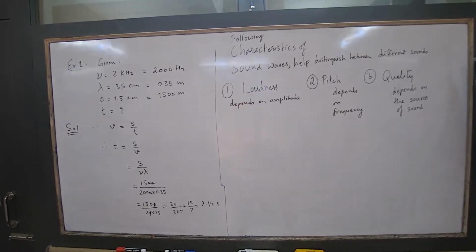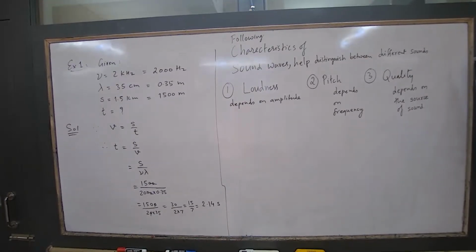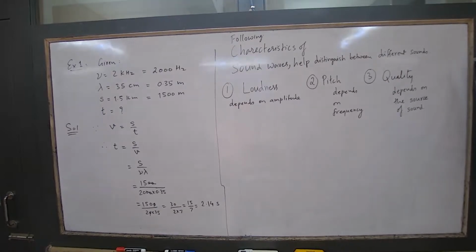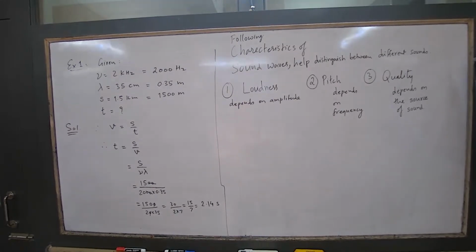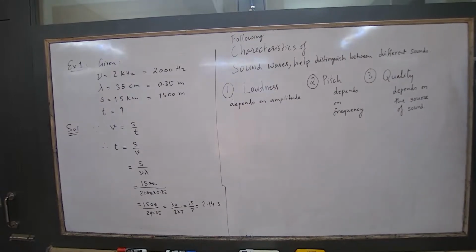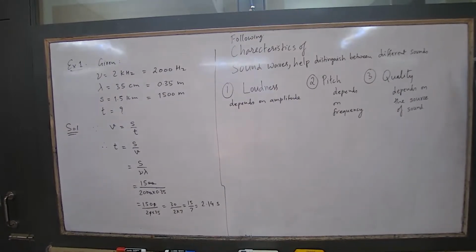Like in a chorus, three singers are singing. Each singer will have his own voice, but they are singing at the same loudness and same frequency in harmony. Yet their voices are different. Understood? Like in an orchestra, different musical instruments are played at the same frequency and same loudness, but you still know this is a flute, this is a tabla. You'll be able to distinguish because the sources are different.